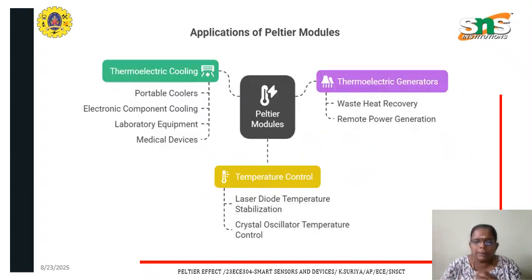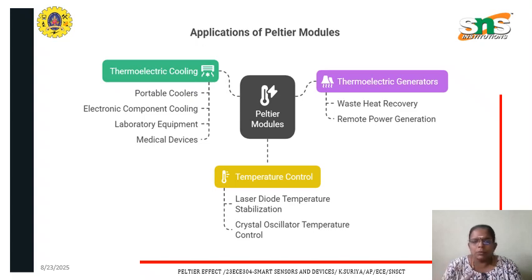There are diverse applications of Peltier effect, which is used in a wide range. The main applications are, say, thermoelectric cooling, where it is used in applications such as portable coolers for food and beverages, electronic component cooling, where the cooling of sensitive electronic components like microprocessors and laser diodes is needed, and in laboratory equipment temperature control such as thermal cyclers and incubators.